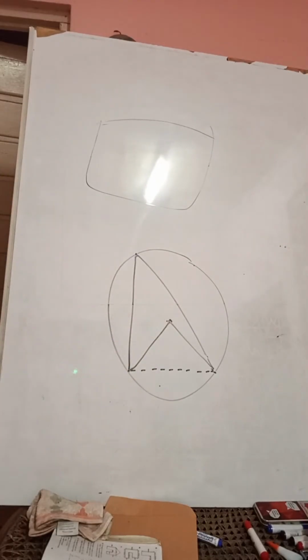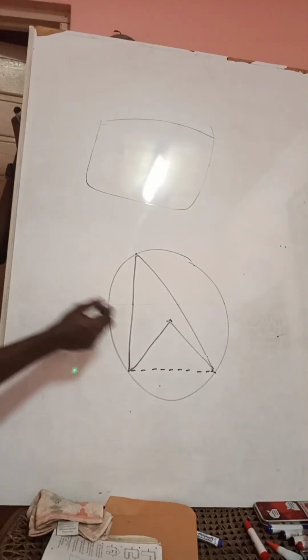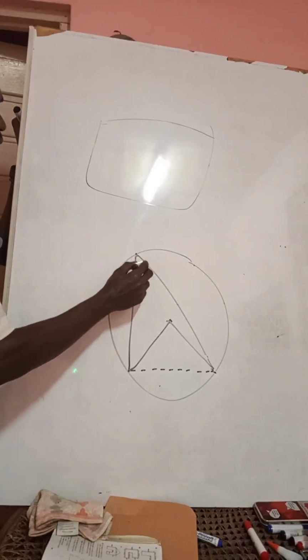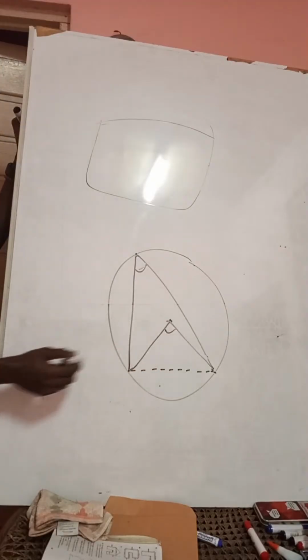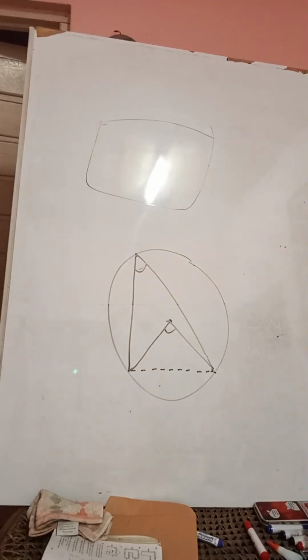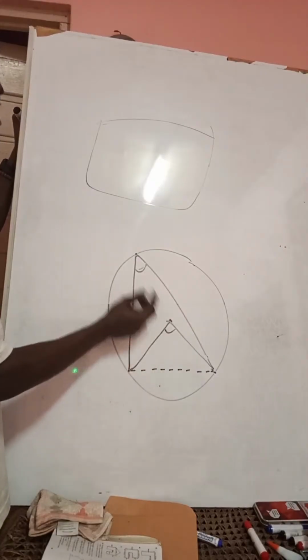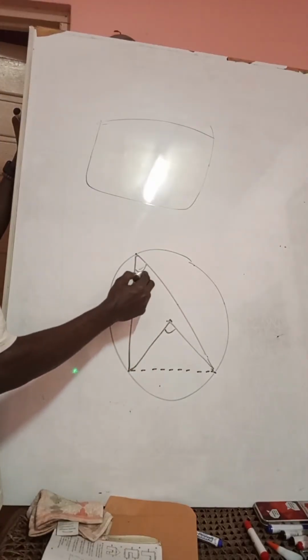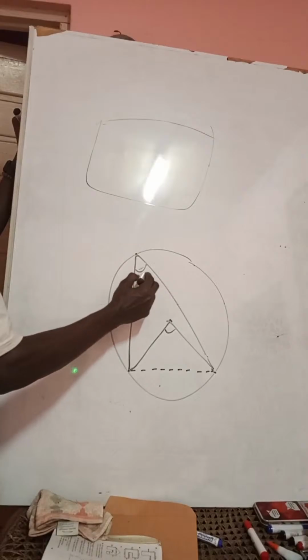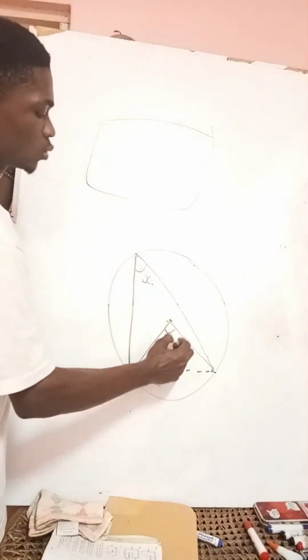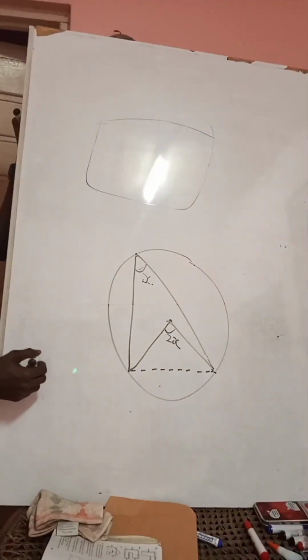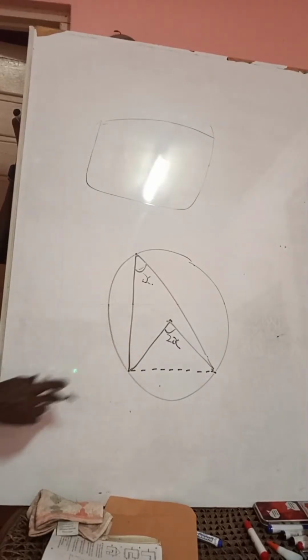What is the relationship between this angle and this angle? The angle at the center is 2 times the one at the circumference. So if here is x, then this angle will be 2x. This is another property we talked about yesterday.